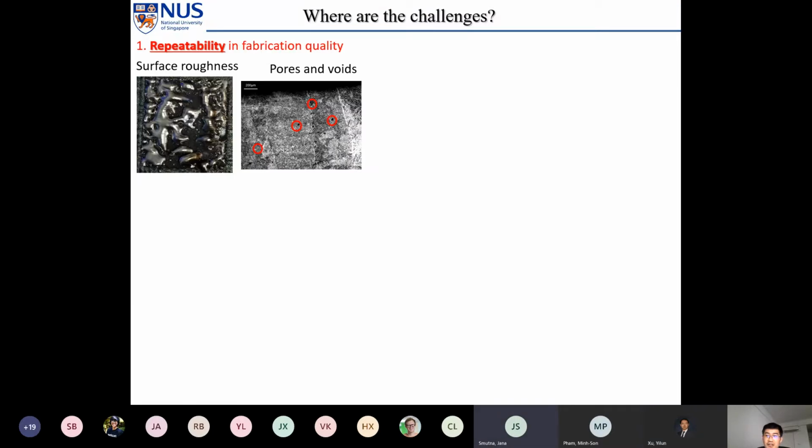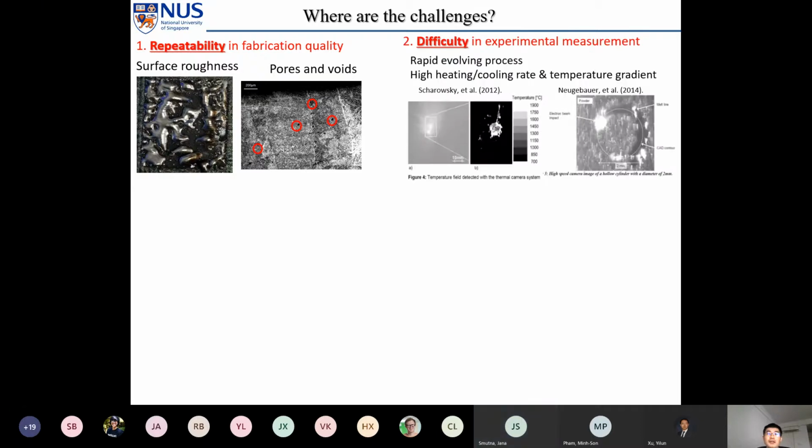And for the challenges, from my point of view, one is the repeatability in fabrication quality, like surface roughness, pores, and voids. Second is the difficulty in experimental measurement or monitoring, because it's so rapid, the molten pool is small, and the heating and cooling rates are very fast.